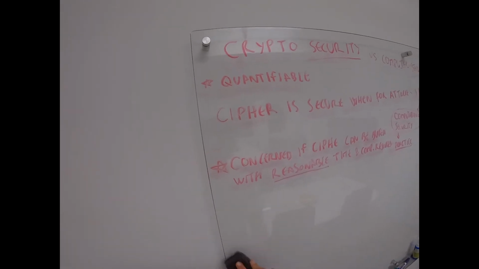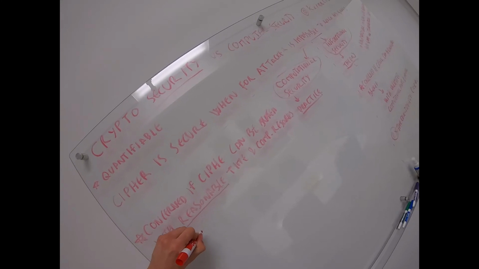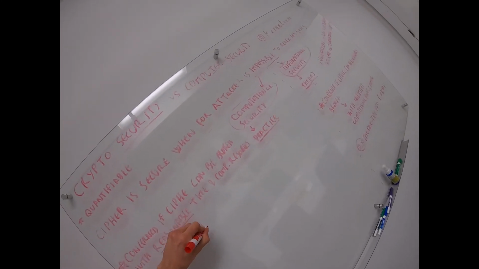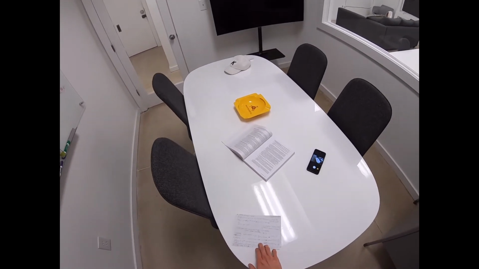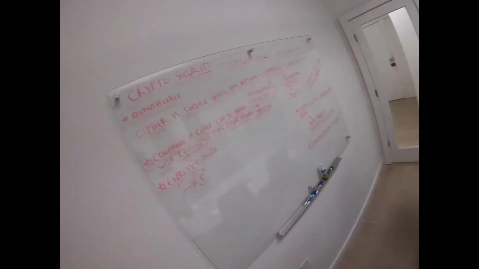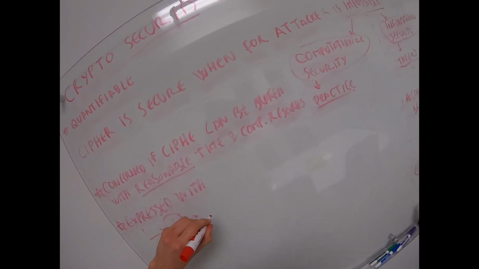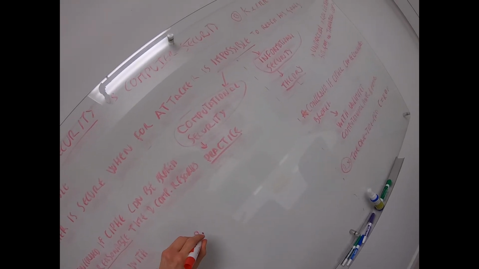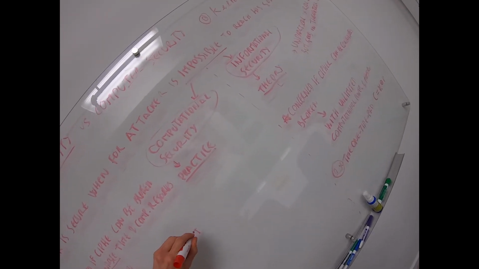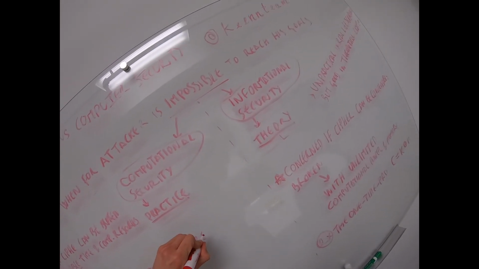We can express it with two variables. One is t, and t is literally the limit on the number of operations, the attacker actions, that the attacker can try.